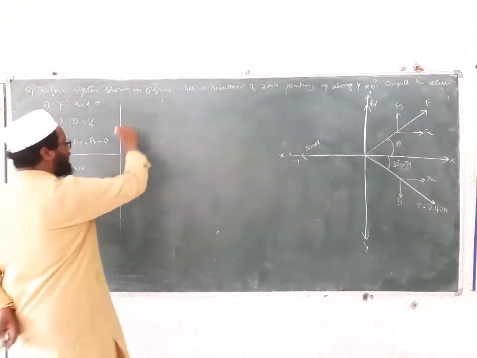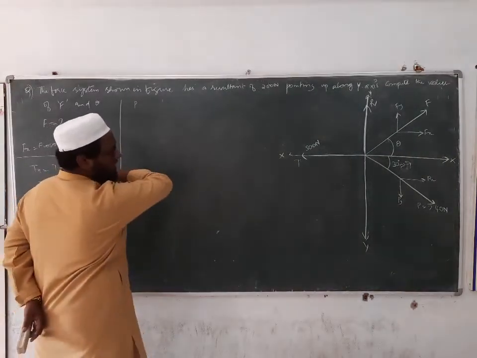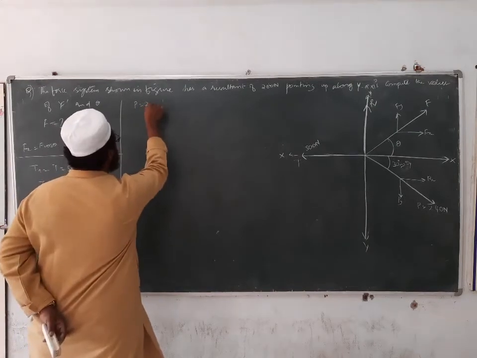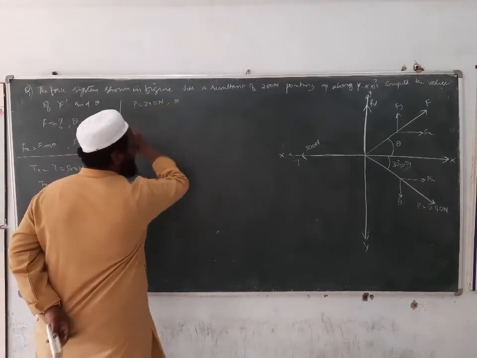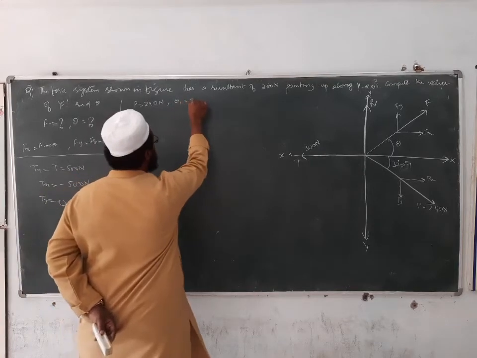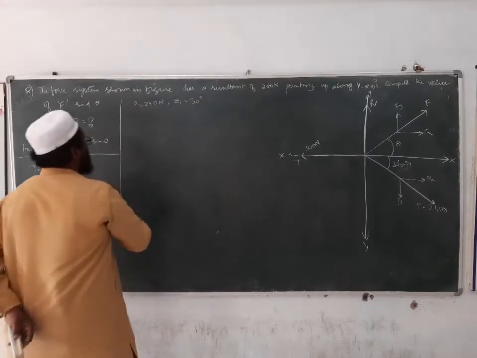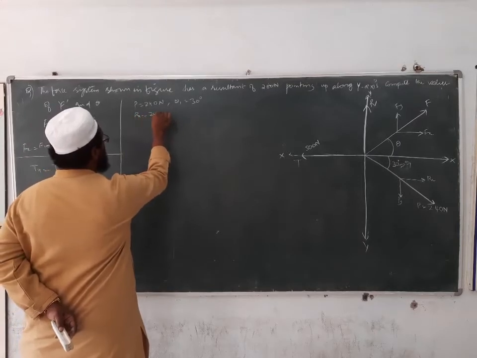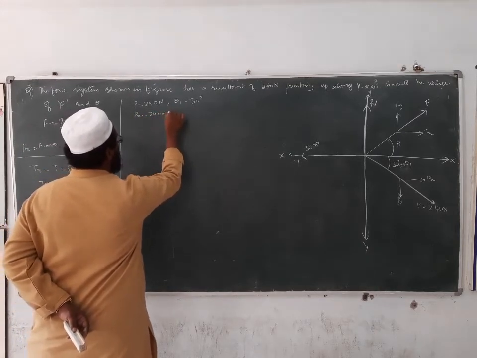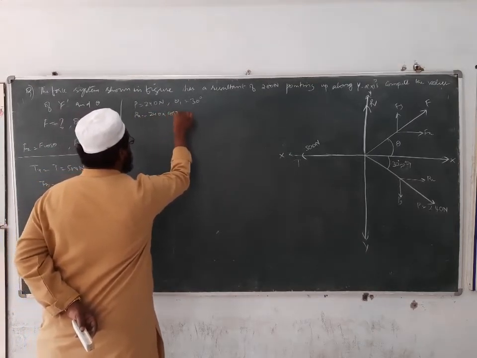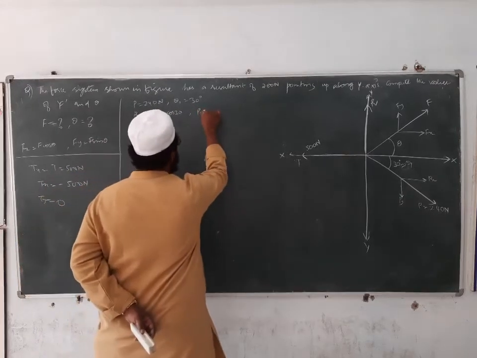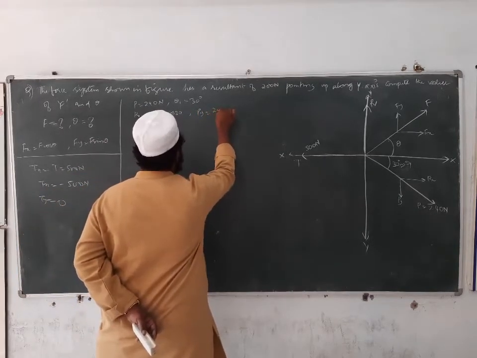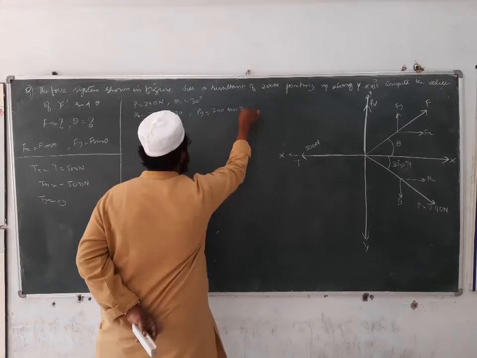Next we have another force, P, which is equal to 240 newtons, and theta 1 is equal to 30 degrees. Px is equal to 240 cos 30, and Py is equal to 240 sin 30.